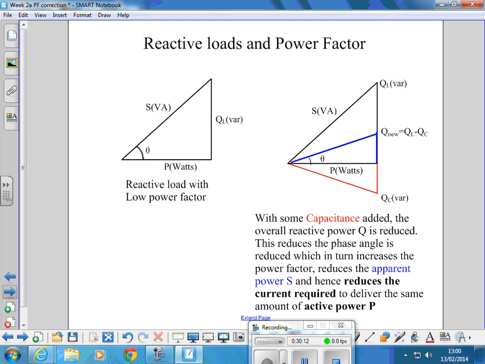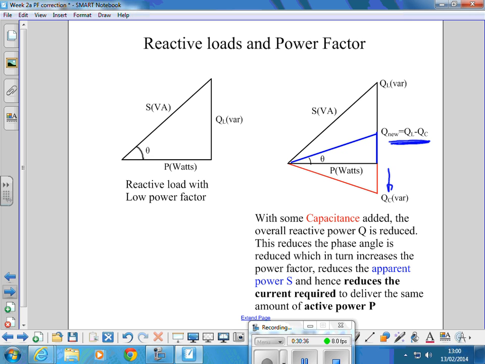If we add some capacitance to that circuit, i.e. we draw some QC, that's acting in opposite to the QL up there, we end up with what I've termed Q new, which is the difference between the two. It's QL minus QC.